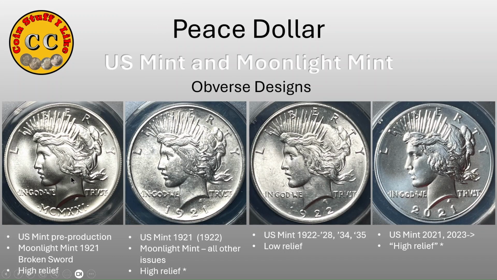And we already talked about this. The original design submitted by DeFranceschi had Roman numerals and appeared very much like this. The Roman numerals were lost in exchange for Arabic numerals, and that was approved by President Harding and the Mint and the Commission.